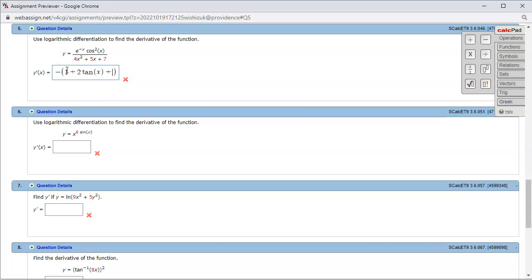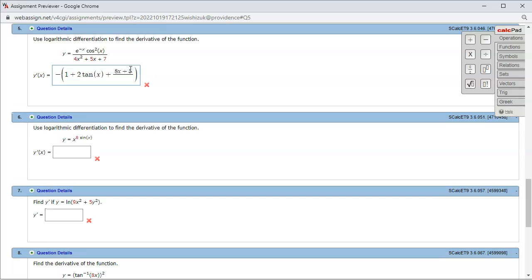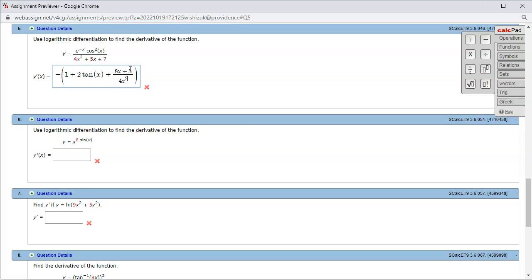So you have 8x plus 5, over 4x squared plus 5x plus 7. Oh, actually, I didn't do that. I have to get down here. Plus 5x plus 7.